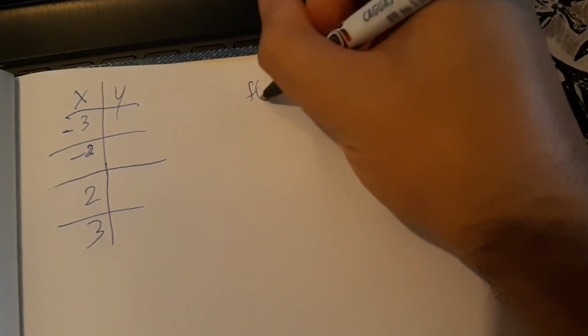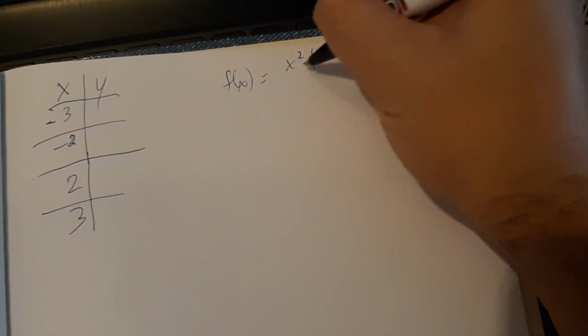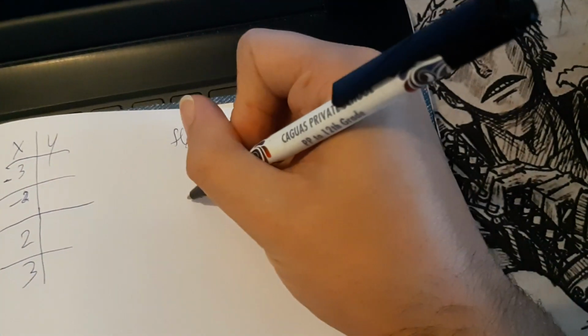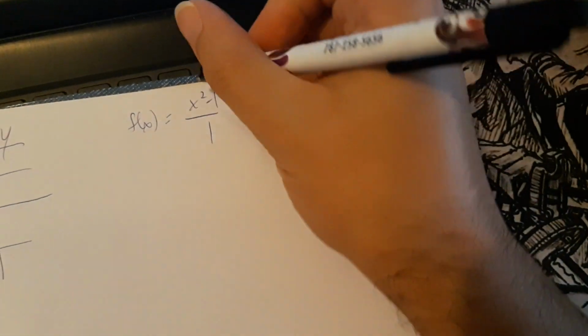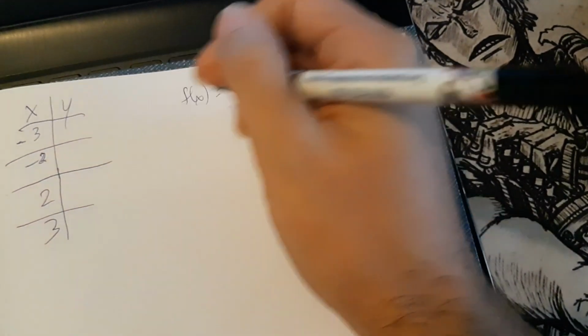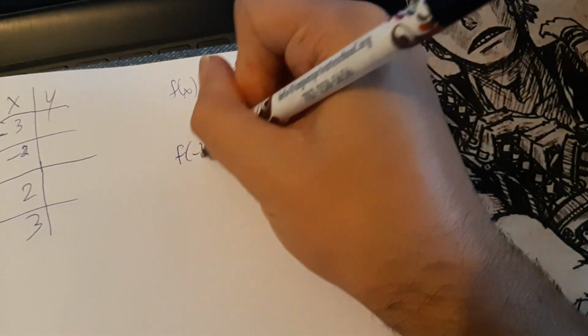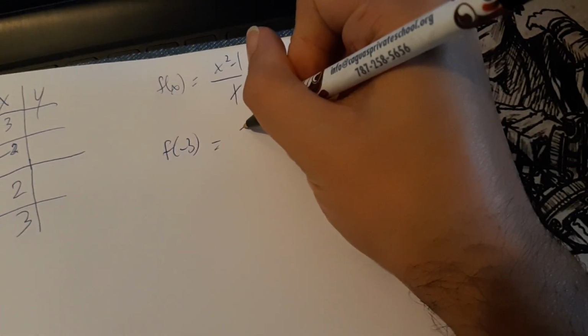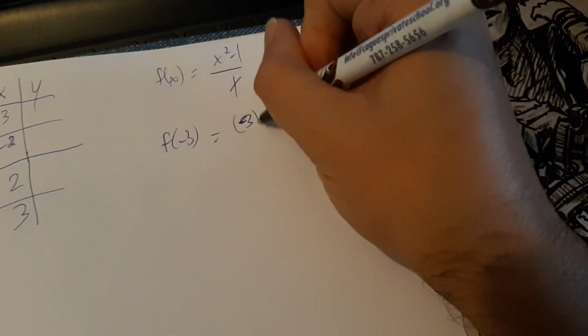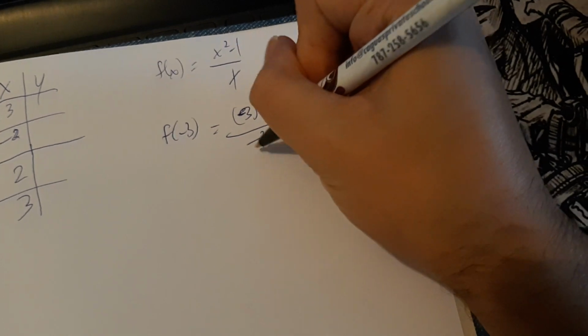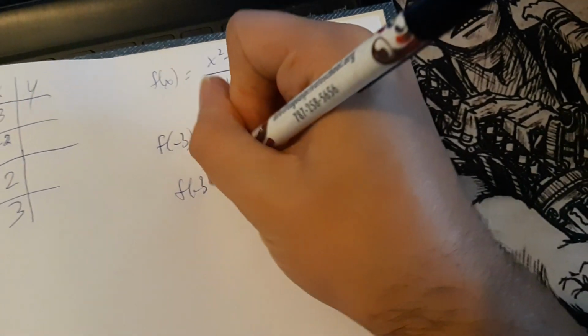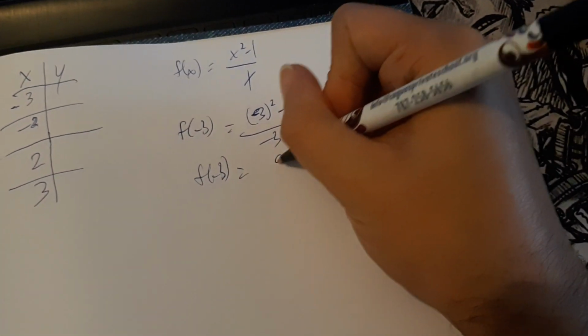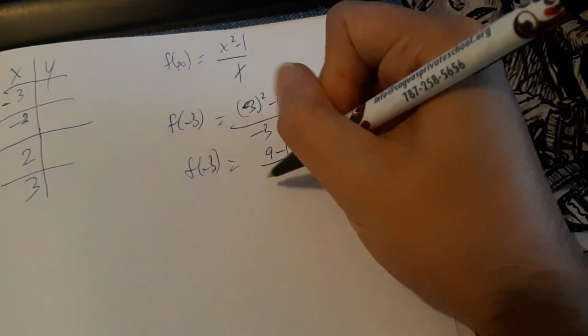Remembering that our function, f of x, is equal to x squared minus 1 divided by x. We just substitute. So f of -3 is equal to -3 squared minus 1 divided by -3. f of -3 must be equal to 9 minus 1 divided by -3.